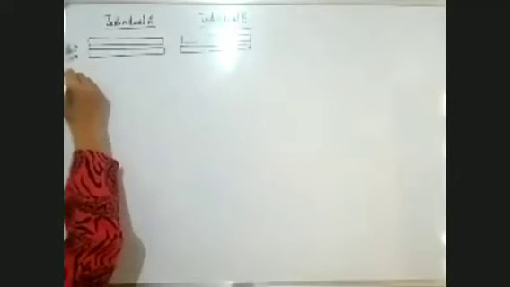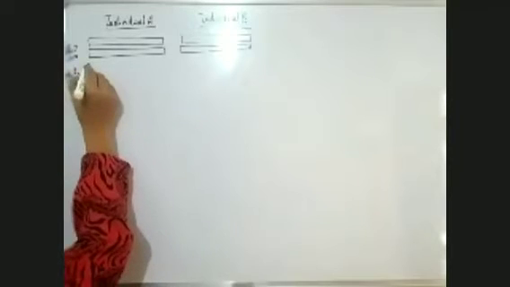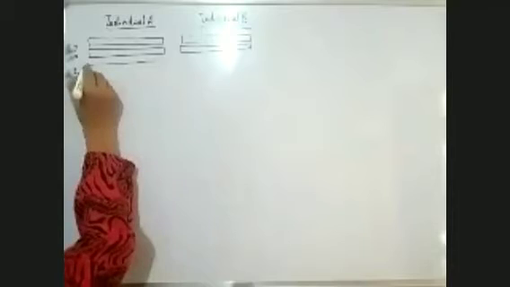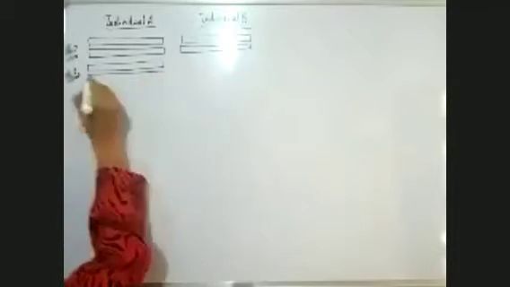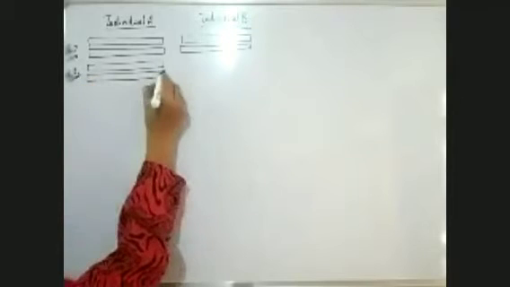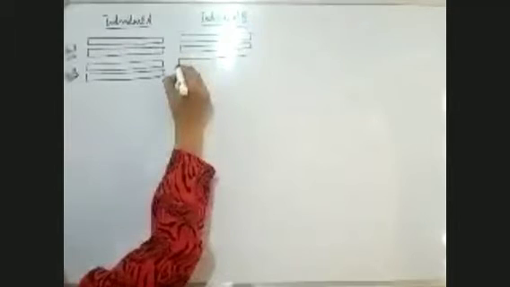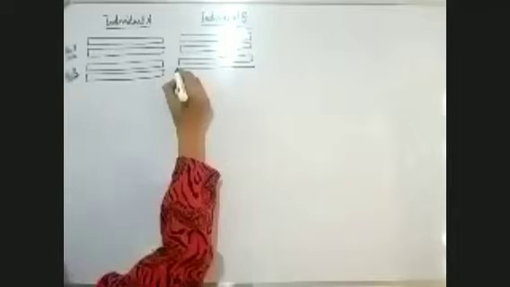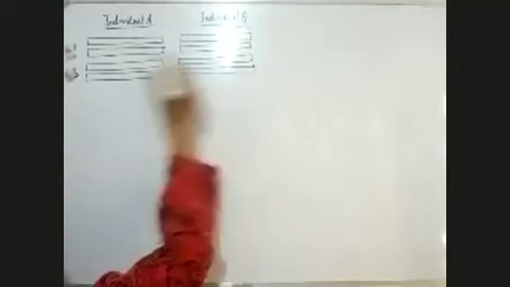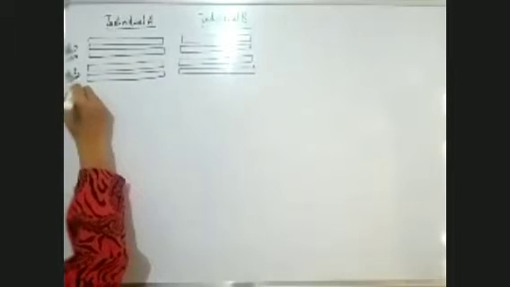Then another chromosome taken is chromosome 2. I'm not drawing the VNTRs just now, I'll draw them afterwards. Right now I'm drawing only the chromosomes. So this is chromosome 2 of individual A, and this is chromosome 2 of individual B. The third chromosome studied is chromosome 16.